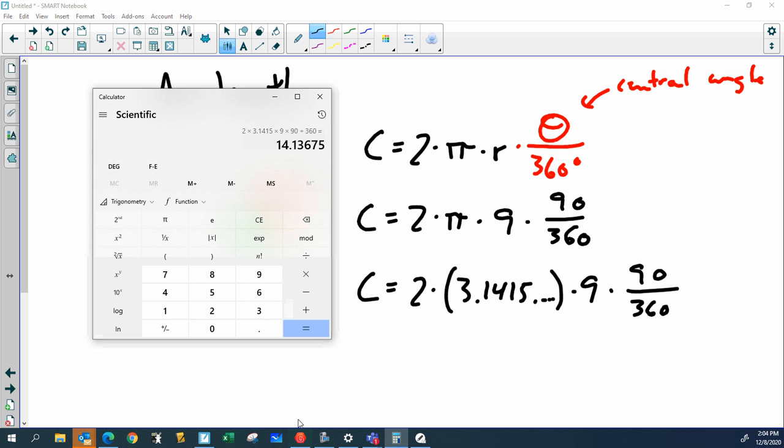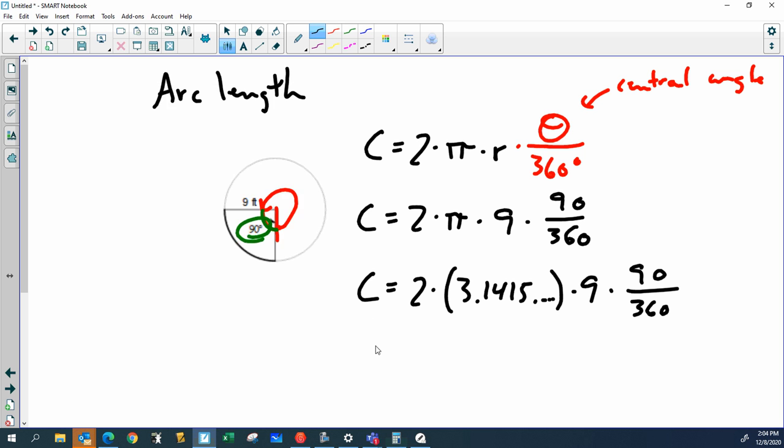And I get 14.13675. I think it was 675. I'll have to double check that.